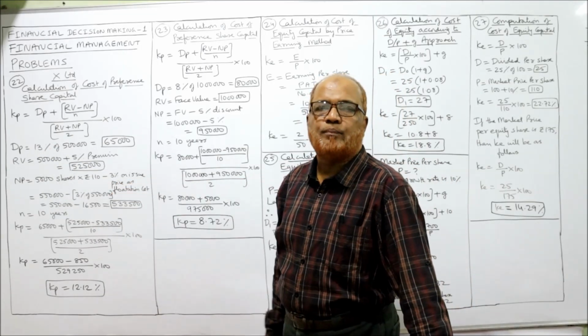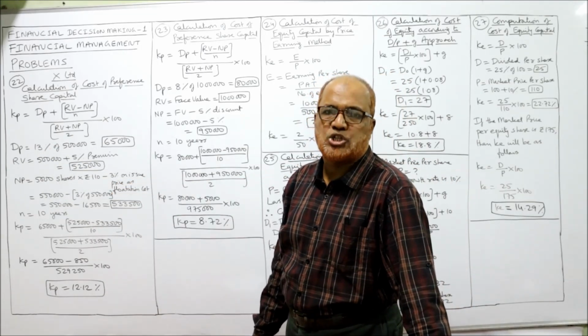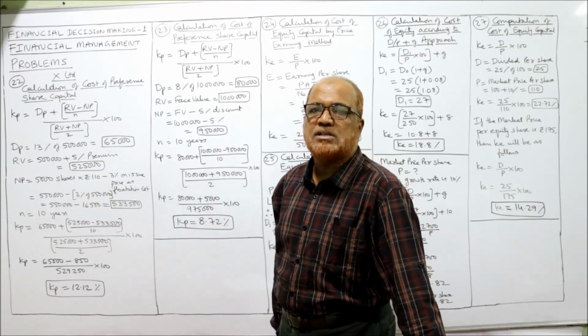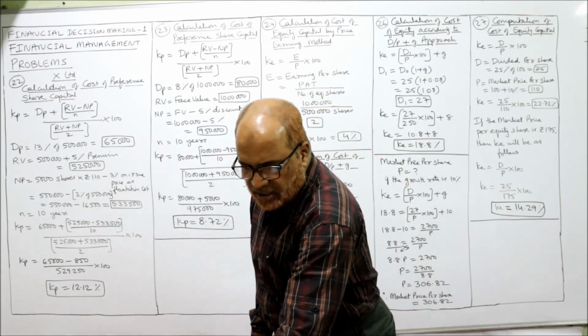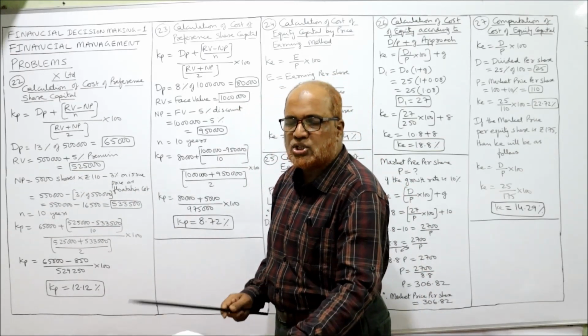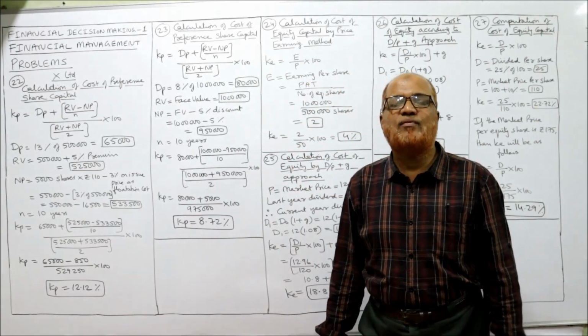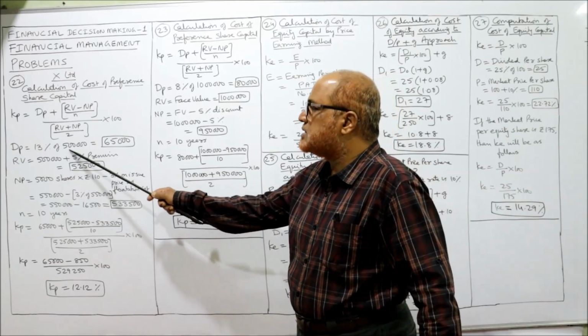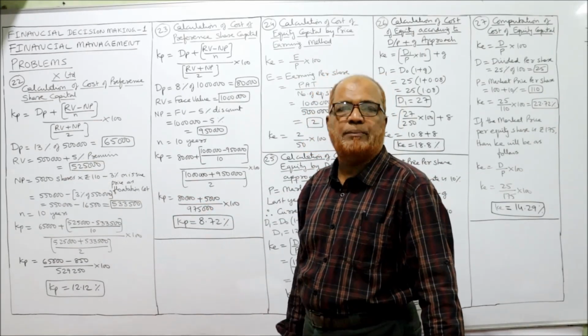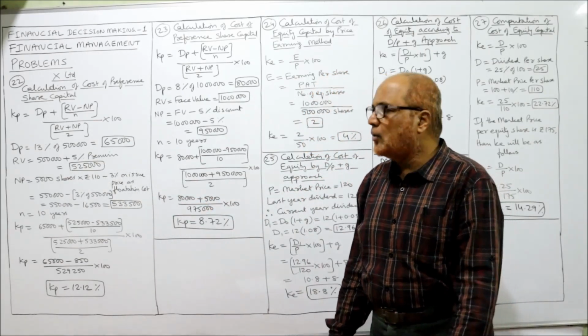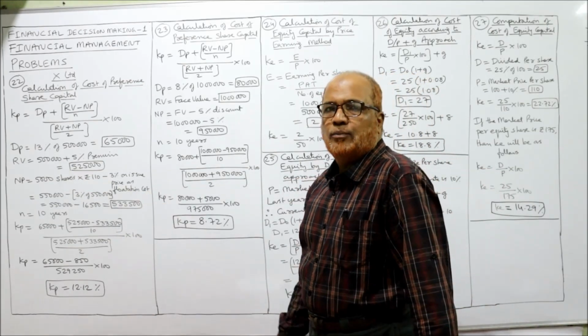DP is the dividend on preference shares. It is given as 13% of the face value. How many shares are there? 5,000 shares of 100 each. So 5,000 into 100 is 5 lakh. 13% of 5 lakh, 65,000, is DP, the preference dividend. Now, redemption value.